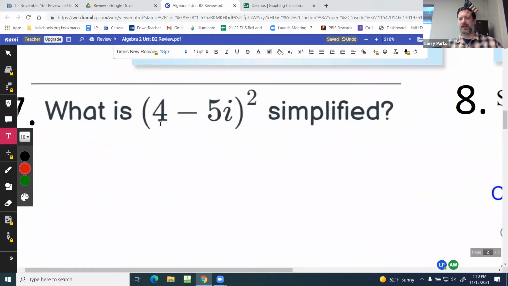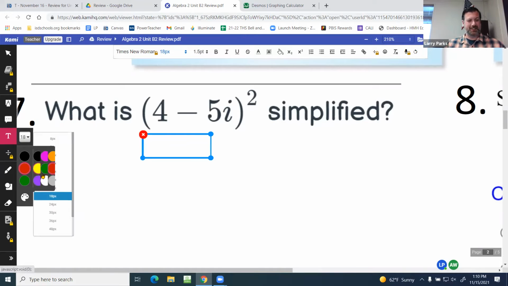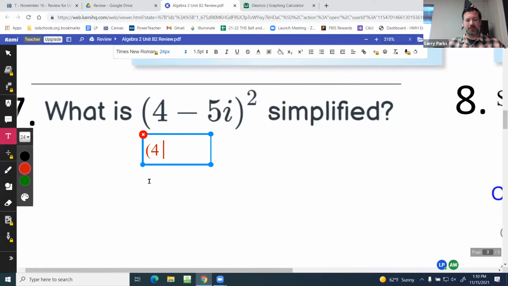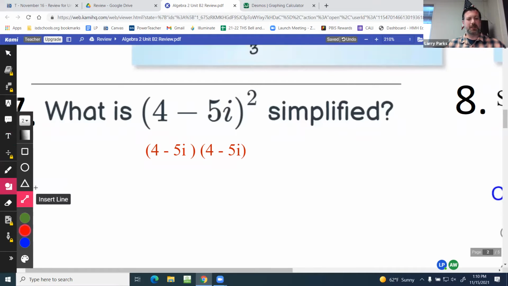What is 4 minus 5i squared? Well, what does that mean? That means 4 minus 5i times 4 minus 5i. And if you're like me, I like to organize my thoughts. I think the easiest way is a table.